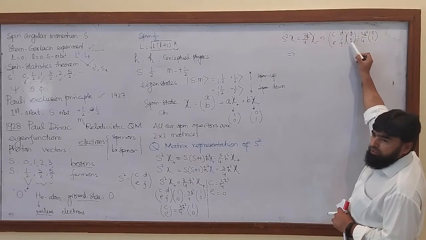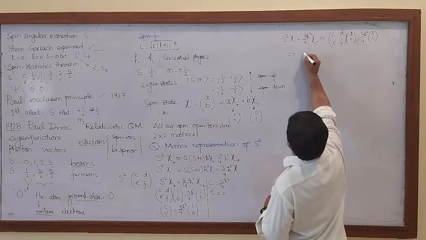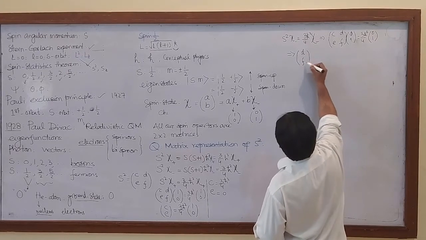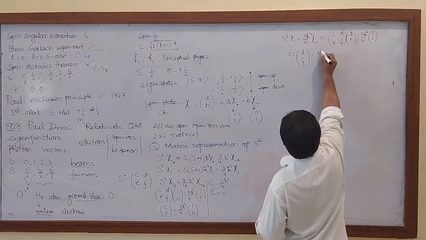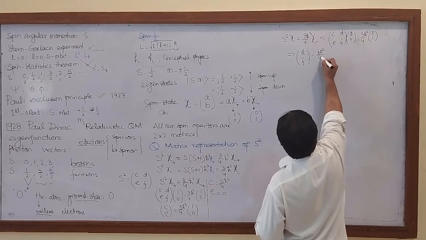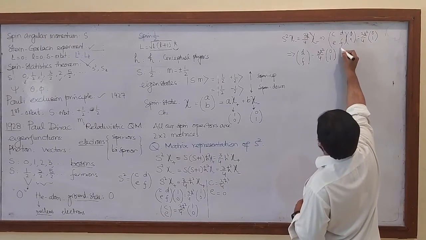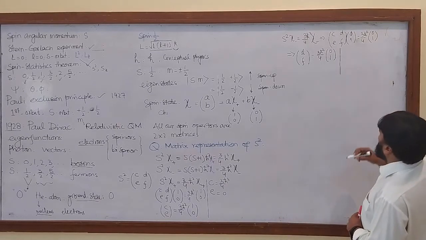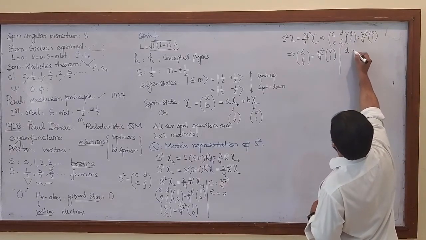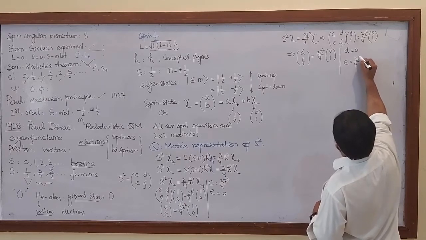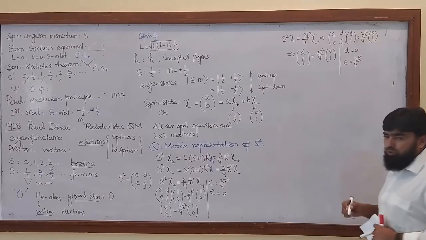So 0 plus D, you have D remaining here and F remaining here, equal to 3 by 4 h bar square and 0, 1. And this will give you that D is equal to 0 and E is equal to 3 over 4 h bar square.